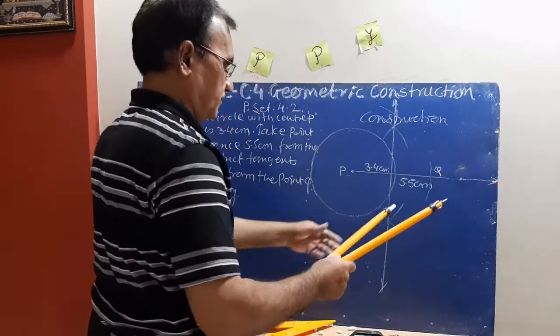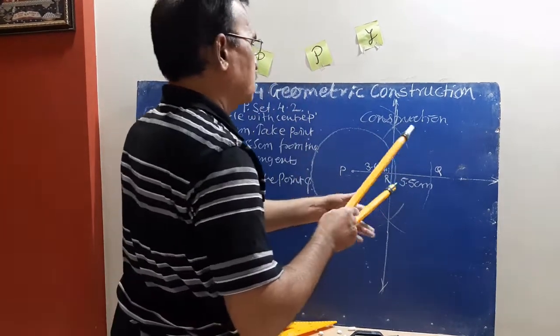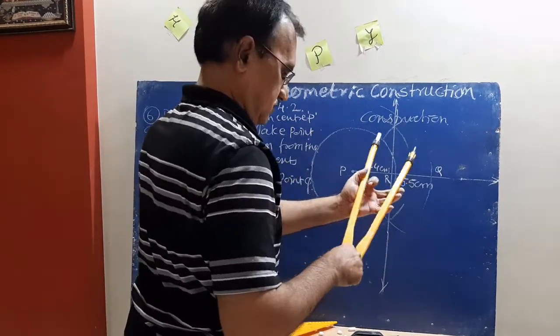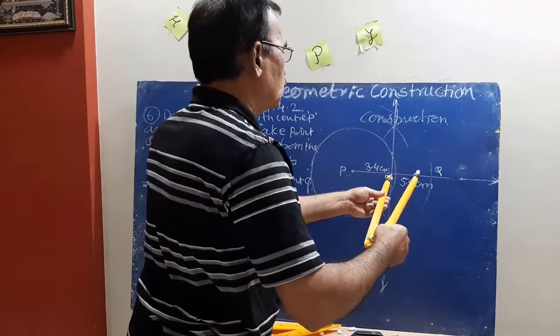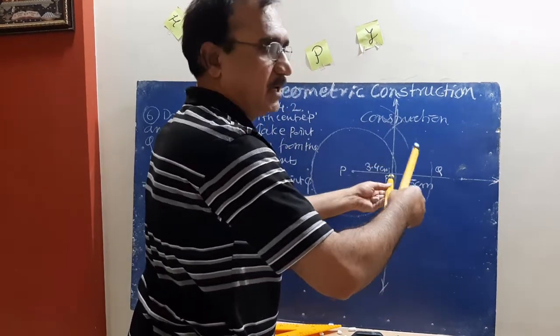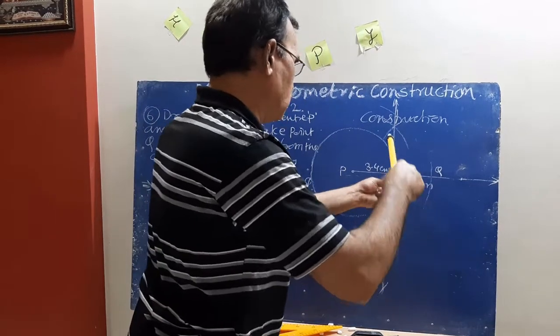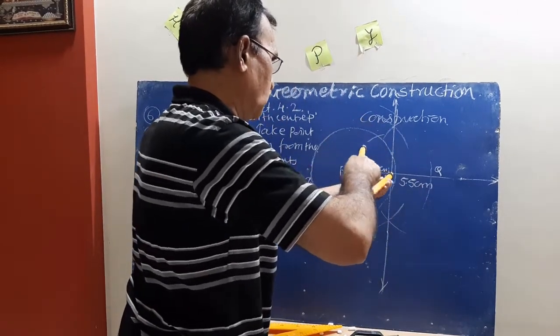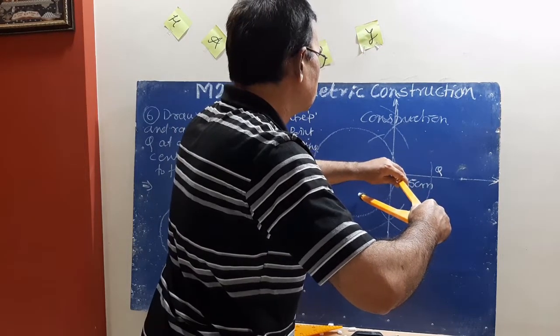Now, suppose this is point R. Take radius RP or RQ. This is the bisector, meaning RP and RQ are equal. Take radius RP or RQ and draw an arc which intersects the circle.